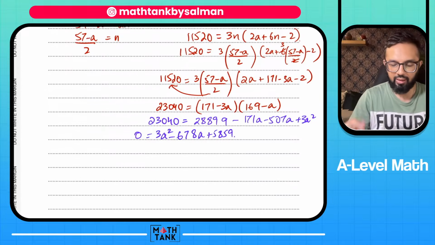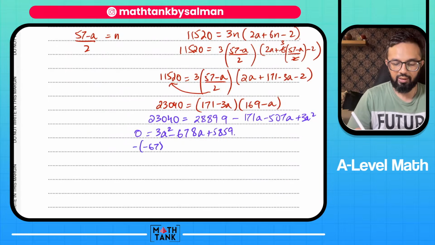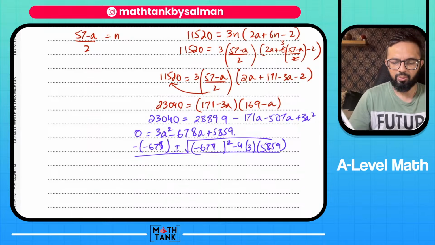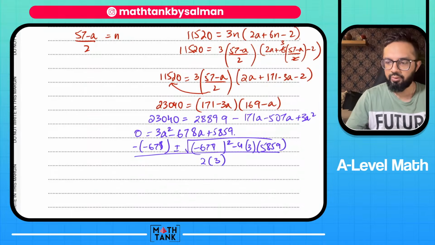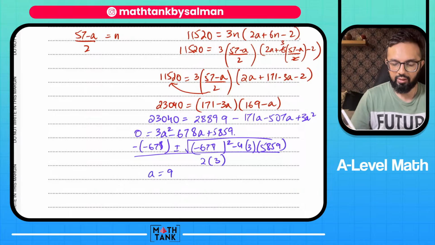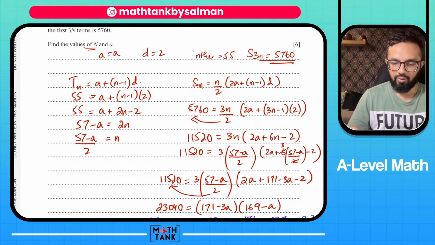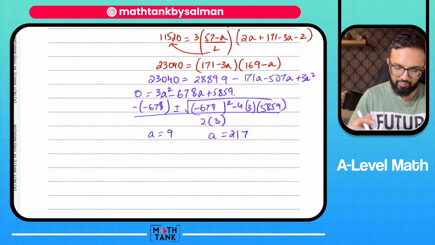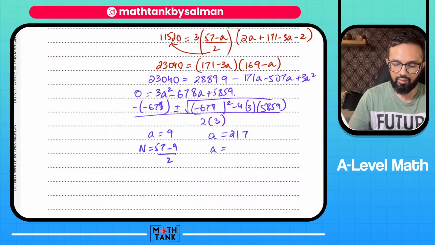Yeah, so that's looking like it's working. So minus b plus minus root of b squared minus 4ac over 2a. So 9 and 217, 9 and a is 217. What was I trying to calculate? n and a. So n should be 57 minus 9 over 2 and 57 minus 217 over 2.